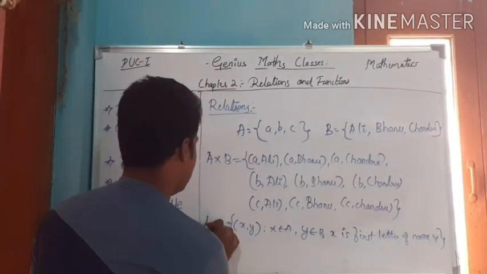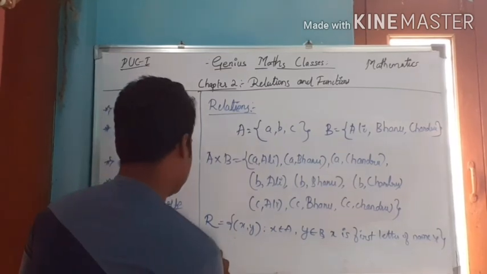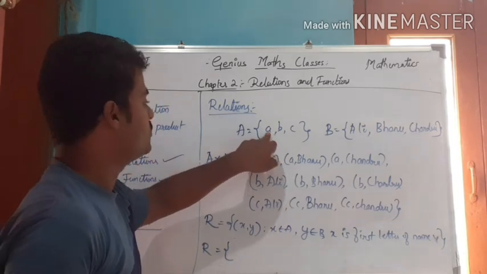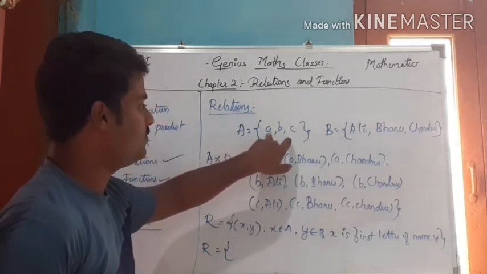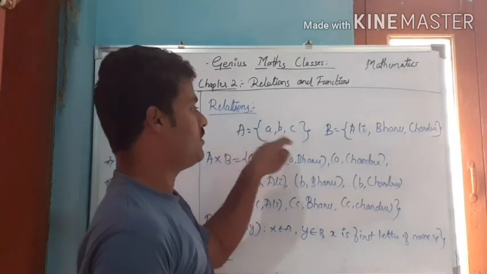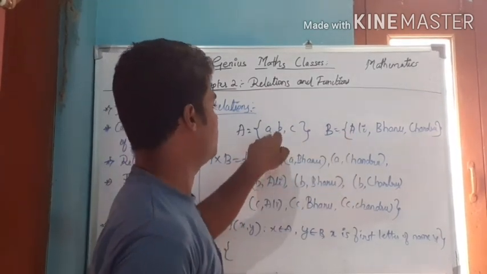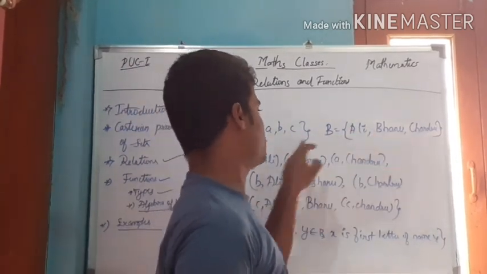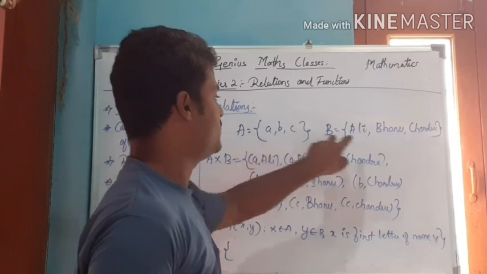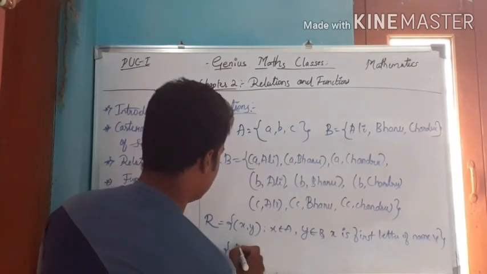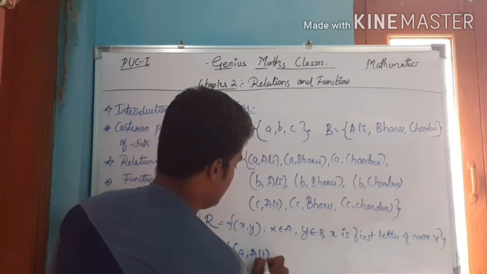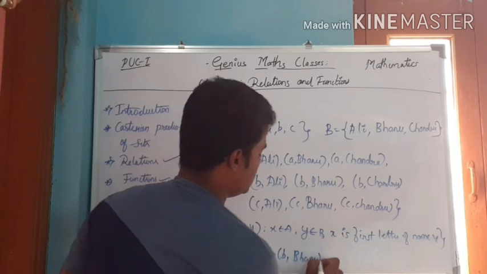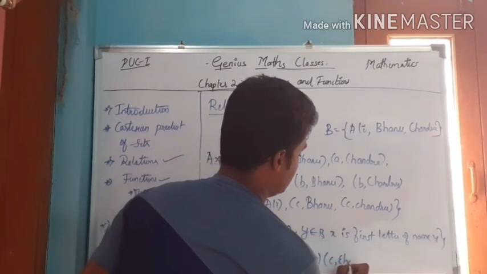This relation I am defining as the relation R. If I consider A, this must be the first letter of the names of the other set B. Ali starts with A, Banu starts with B, and Chandru starts with C. So only these possibilities are there: A comma Ali, B comma Banu, C comma Chandru.